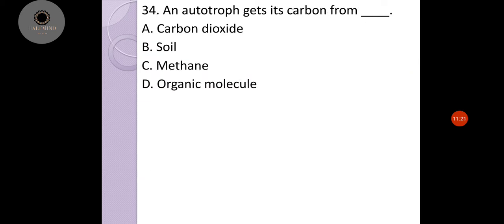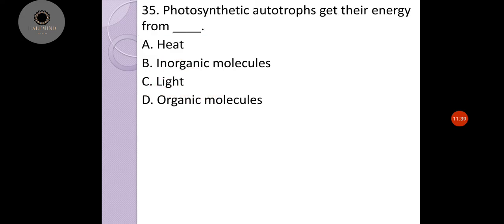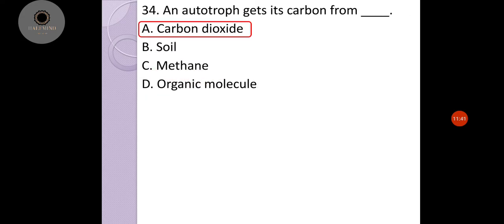Okay. Number 34. An autotroph gets its carbon from blank. Again, saan naginukuha ng plants ng ang kanilang carbon? It's from carbon dioxide. Even though methane has a carbon atom, pero yung primary source ng carbon ng mga autotrophs is the carbon dioxide.